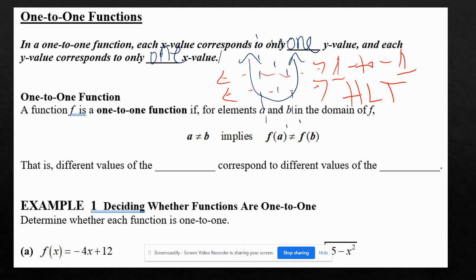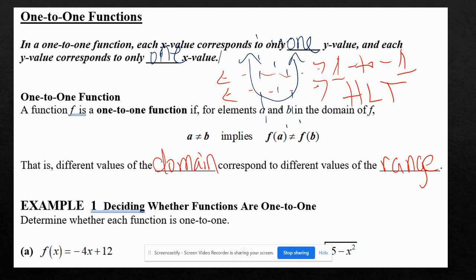How do we know if something is one-to-one? Well, we can do the horizontal line test, but there are a few different ways that we can do this. Basically, we're checking to make sure that x's and y's do not repeat. So the values of the domain have different values of the range.